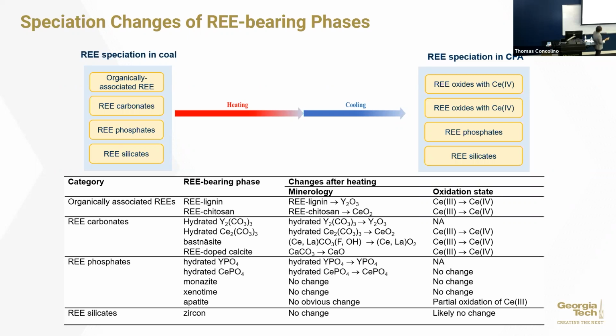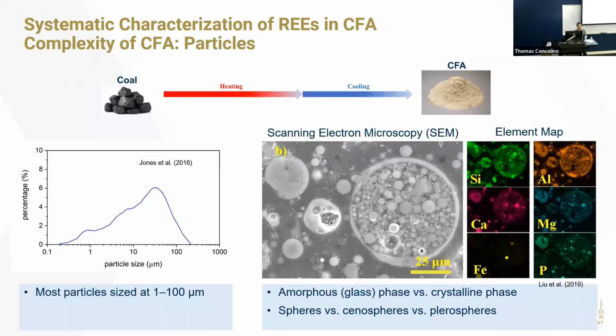REE carbonates, again, decomposition to become REE oxides, cerium oxidation into 4. REE phosphates and REE silicates stay intact in their own structure without observed cerium oxidation. So those are pure model compounds that we looked at for REE transformation during heating and cooling.